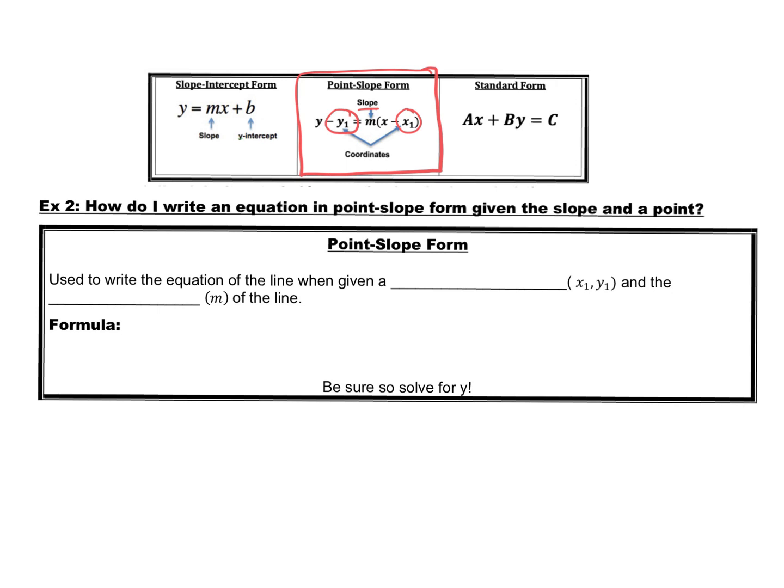So the point-slope form is used to write the equation of a line when given a point, the x1 and the y1, and the slope, which is the m, of the line. Let's write the formula here. It's y - y1 = m(x - x1).